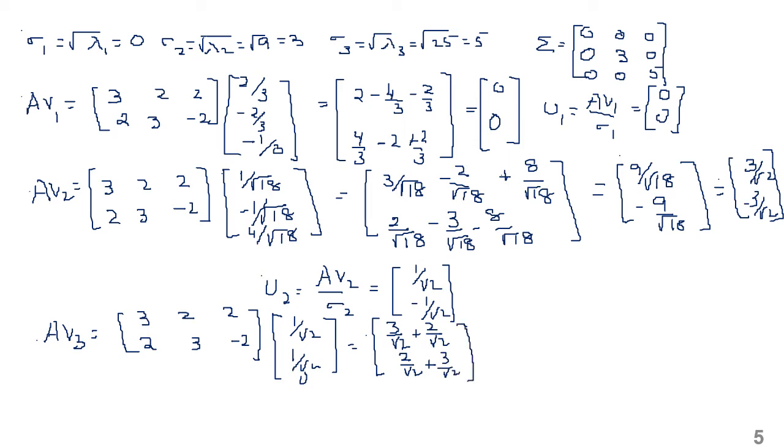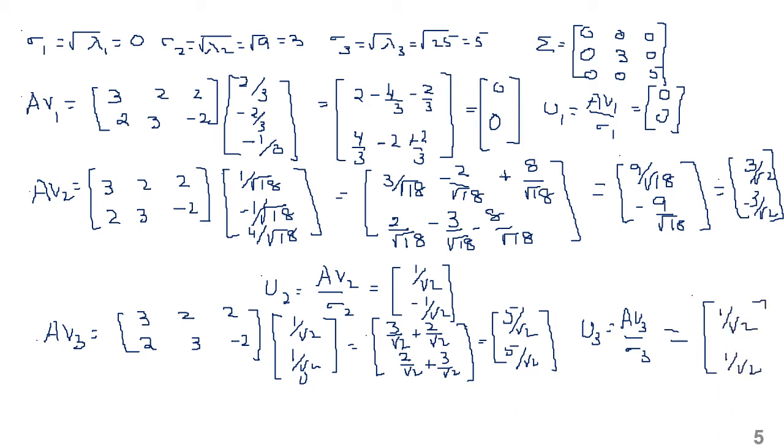That gives you 5 by root 2, 5 by root 2. So we get U3, that is AV3 by sigma 3. Dividing it by 5, I get this as final answer: U3 is equal to 1 by root 2, 1 by root 2.